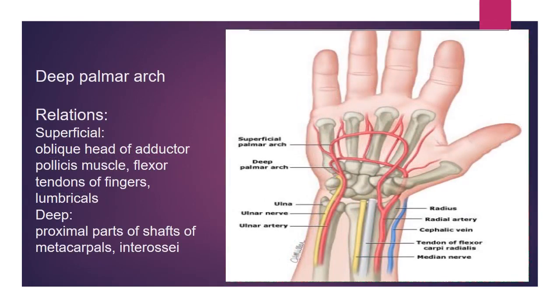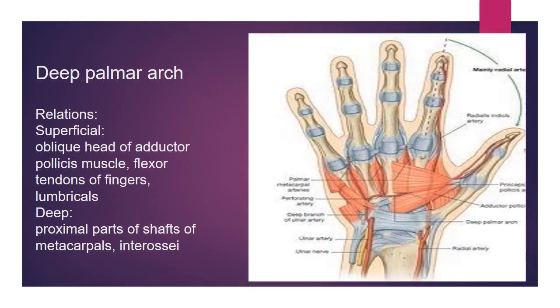Talking about the relations of deep palmar arch, as you can see here, the shafts of these metacarpal bones and all the interosseous muscles which arise from these shafts lie deep to this deep palmar arch, whereas the oblique head of adductor pollicis, flexor tendons of the fingers and all the lumbricals lie superficial to this palmar arch.